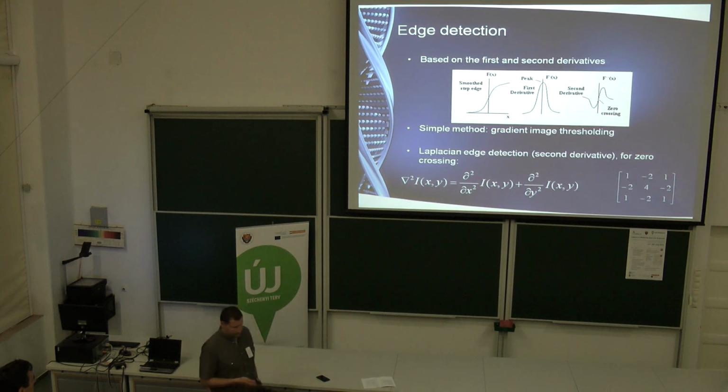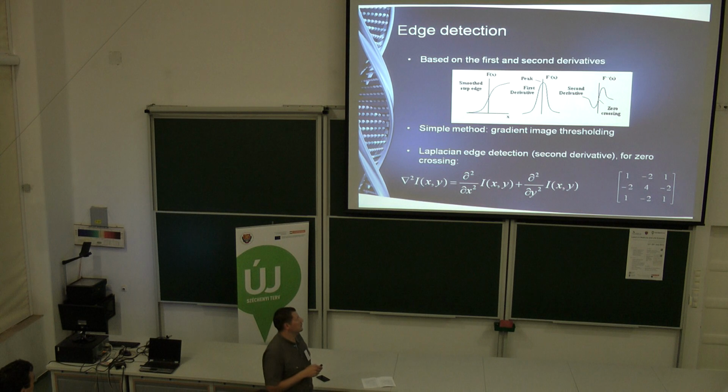Edge detection. Many times I've said an edge is something where we have a quick change. To find a quick change is not very easy because we can't really define what is quick. What we used to do is rather take the first derivative or even the second derivative of the signal. If you have a rising curve, the first derivative is a peak, the second derivative is a zero crossing.